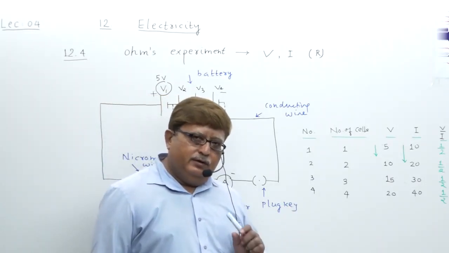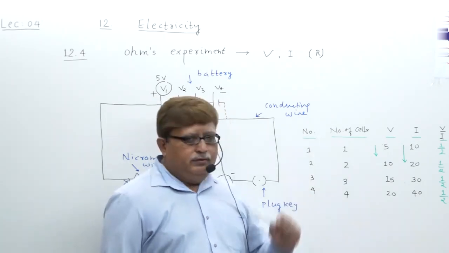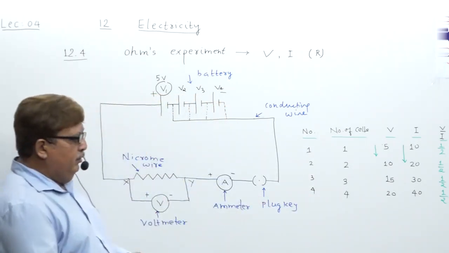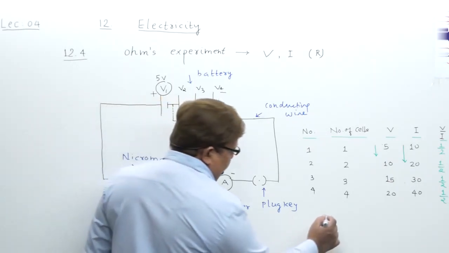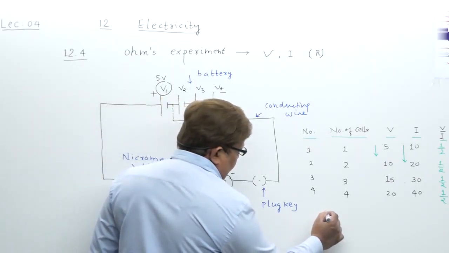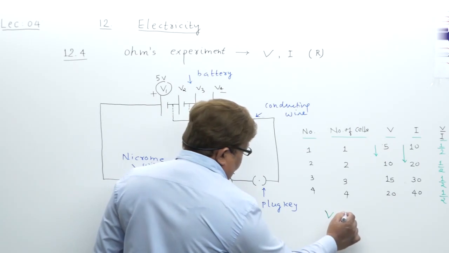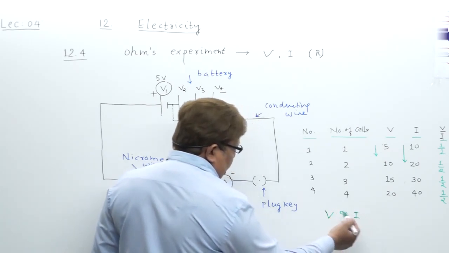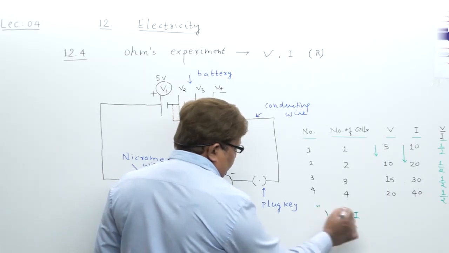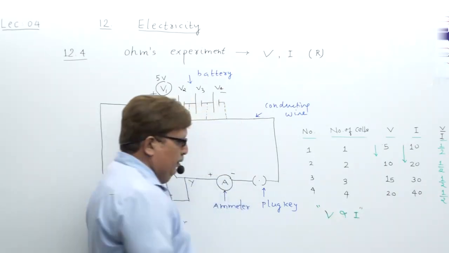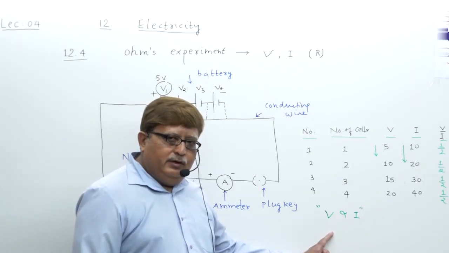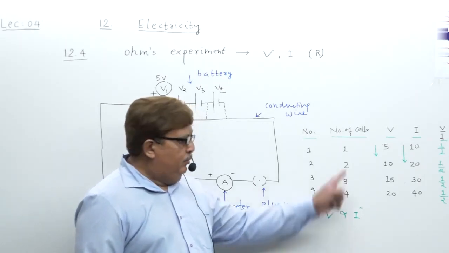So my dear student, because the ratio of V and I remains constant, can I write this way? V varies to I. Okay, what does it mean? This is actually the law established by Ohm.